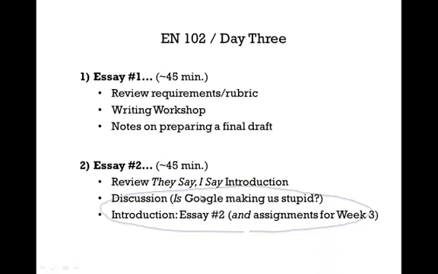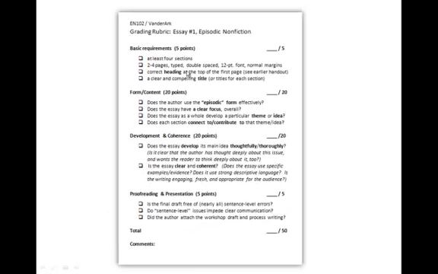For starters, I just wanted to go over the rubric that I will use to grade essay number 1. I thought it would perhaps help you thinking about your own essay, as well as help you think about the writing workshop today. First of all, I'm going to use a simple 50-point scale here, rubric here, but I wanted to highlight just a few things.